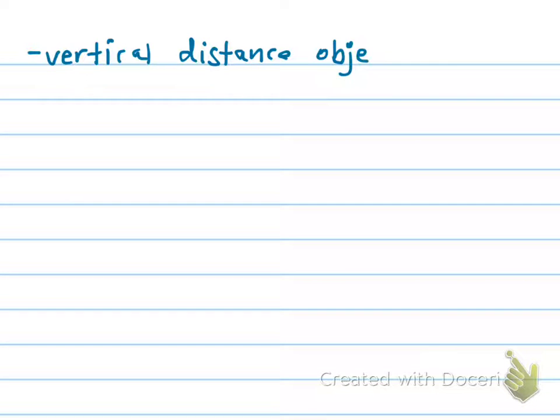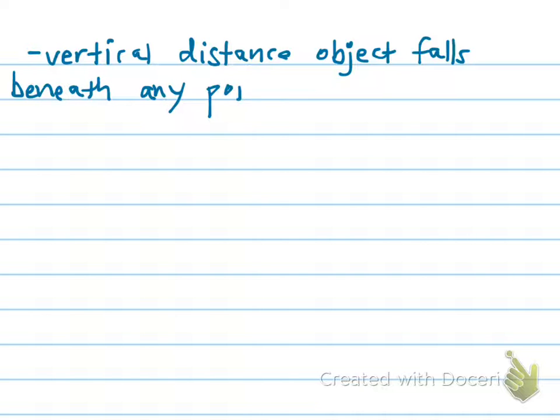So these are the vertical distance the object falls beneath any point on the dashed line.